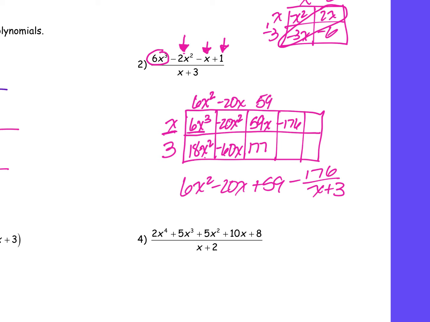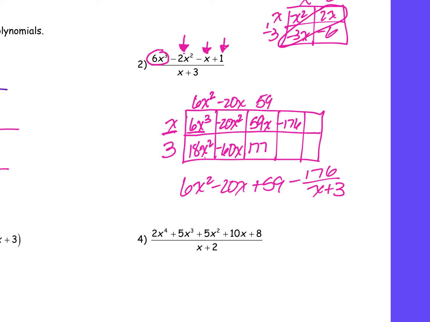And then when I multiply this out and simplify, I should get this answer. So x cubed gives me x cubed. 18x squared minus 20x squared gives me negative 2x squared. Negative 60x plus 59x gives me negative x. And then 177 minus 176 gives me plus 1. So this gives me this.